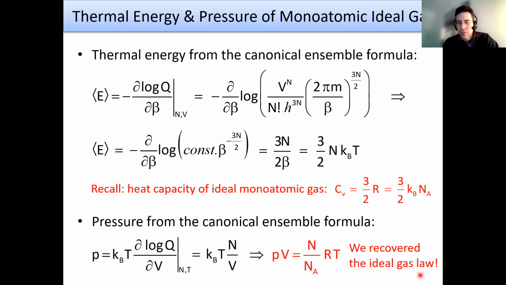Essentially, the main argument here is that our ideal gas has only kinetic energy contributions to its Hamiltonian, and then the rest was just the recipe from the statistical mechanics framework. So we found the heat capacity of the ideal monatomic gas, and we recovered the ideal gas law by using these simple but powerful arguments and frameworks.